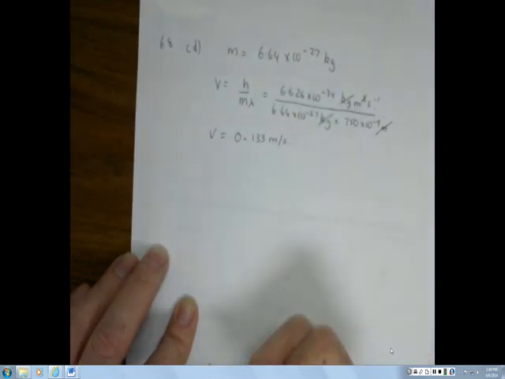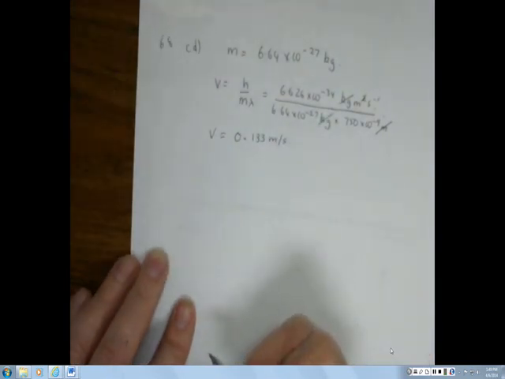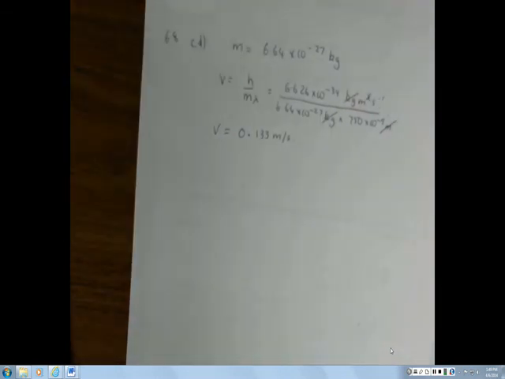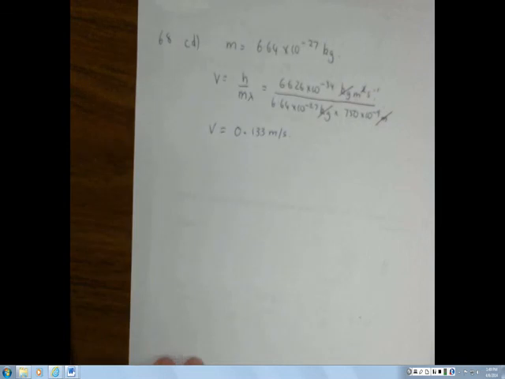Okay, not very fast. Does it make sense? Well, this particle, this alpha particle, which we'll find out what they are later, is much heavier than a proton. It's about 4 times heavier than a proton, and it's going about 4 times slower to have the same wavelength. So it kind of makes sense to me. Alright, so that was Wednesday's homework complete.